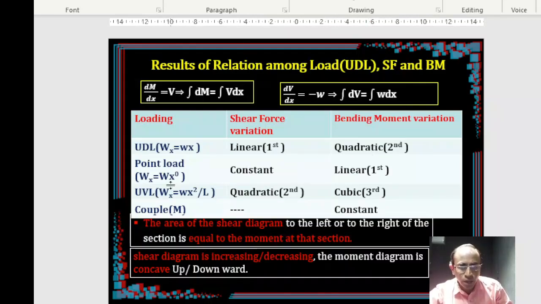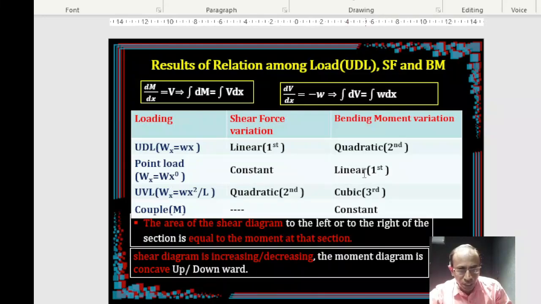If you have a point load, which means a zeroth order loading, then your shear force will be constant and your bending moment will be a linear curve.